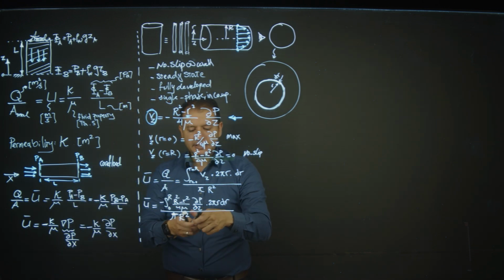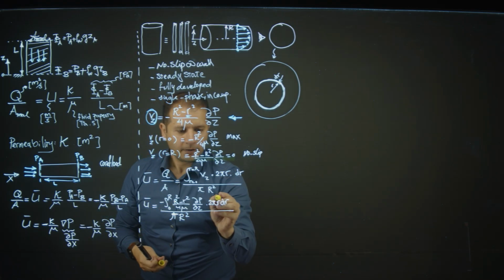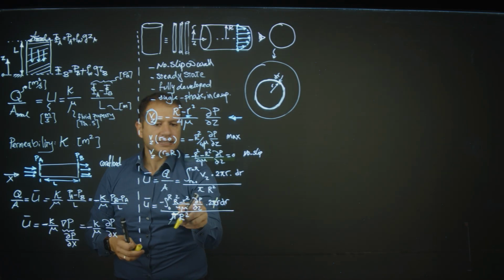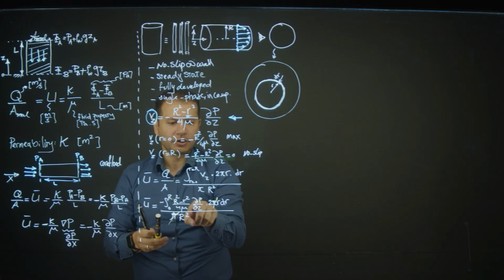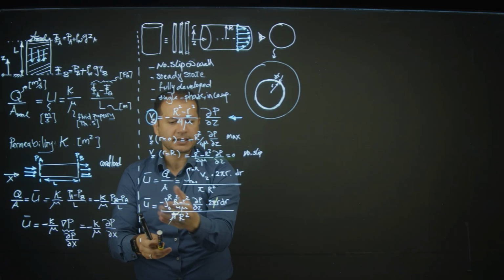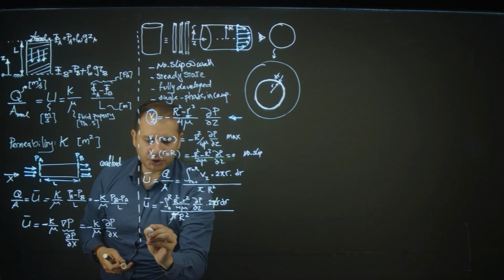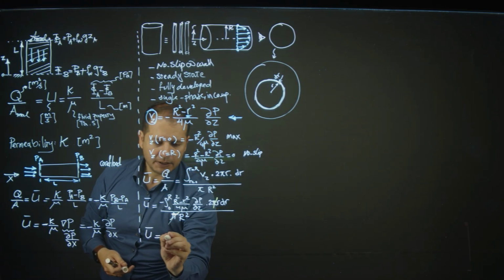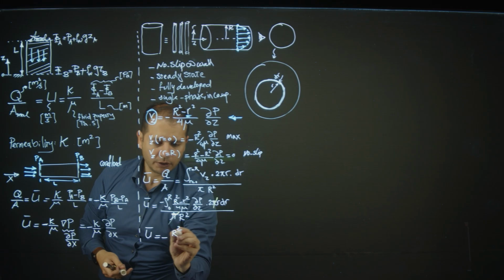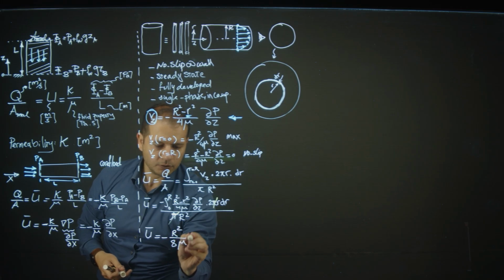Now it's an extremely convenient mathematical practice to do the integration here, because it's only a function of r and dP/dz is constant, gets out, and it's very simple. You will find that the u average here will be minus R² over 8μ dP/dz.